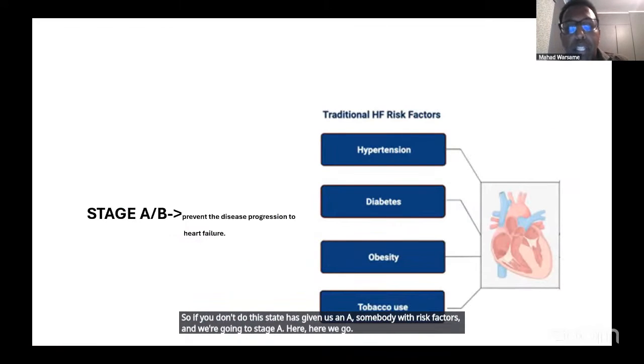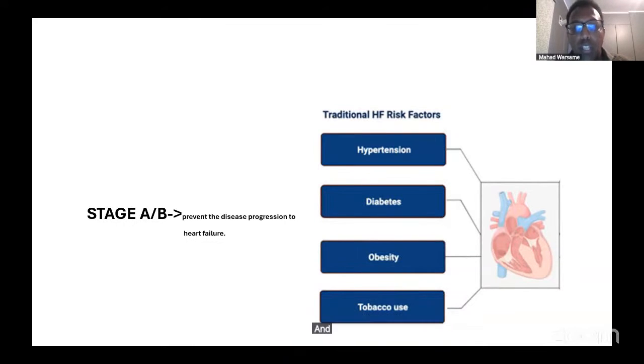You go. We have a patient with stage A risk factors. He has either hypertension, diabetes, obesity, or tobacco use. So what can you do as a general practitioner? You work with your patient and you treat those diseases very well.